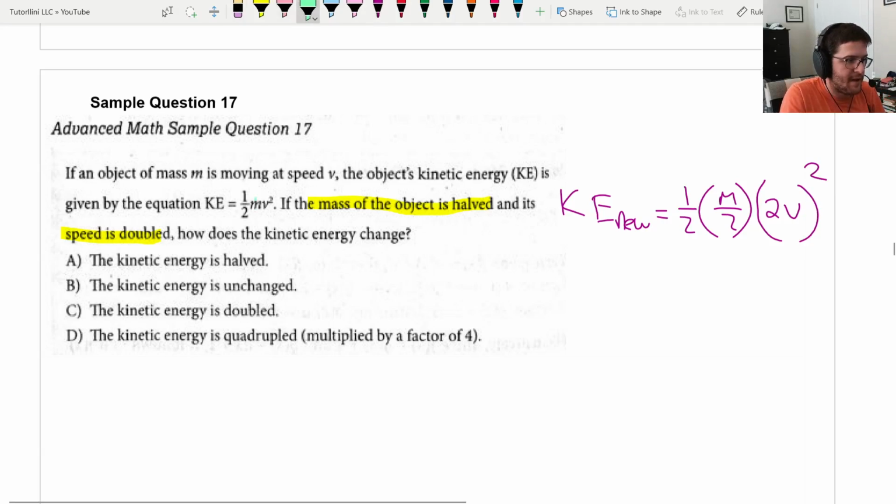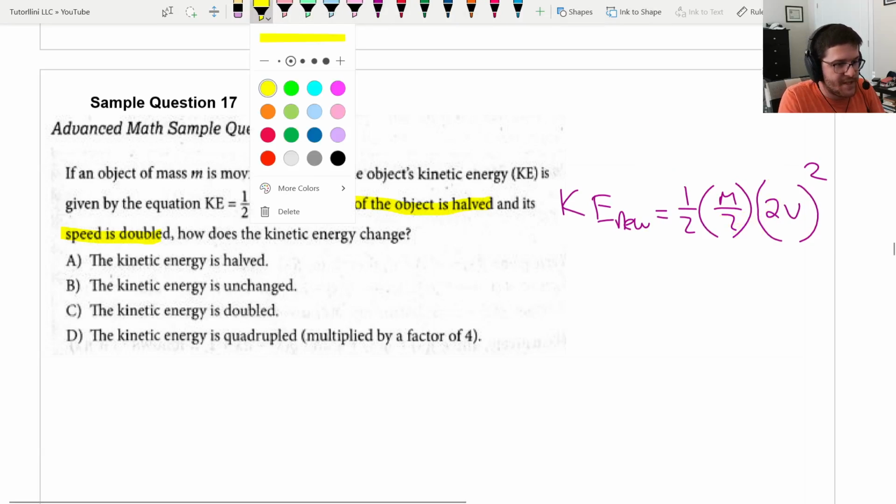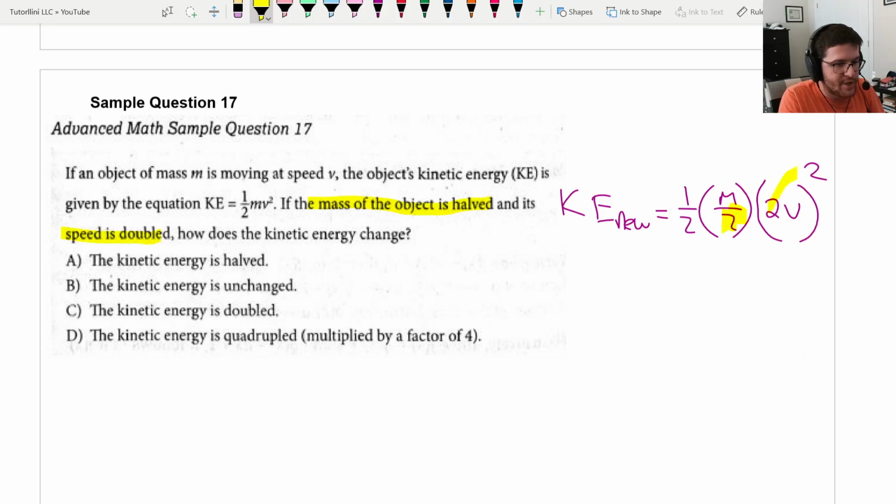So see, I just replaced m with m halved, m divided by 2. And then I replaced v with 2v, and use parentheses, guys. If you don't use parentheses, you're going to get it wrong. Now our goal is to figure out the ratio, to get these numbers that we just added out in front. And we don't care about the 1/2, just leave the 1/2 alone. So this is 1/2 times, 2 squared is 4. 1/2 times 4 is 2.